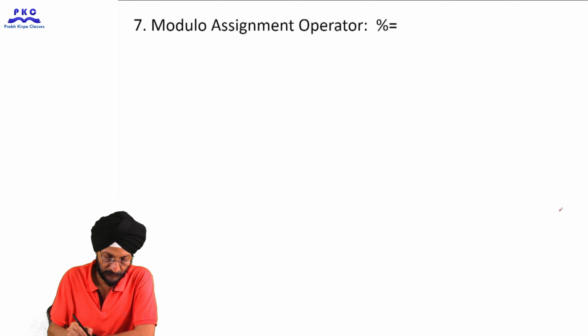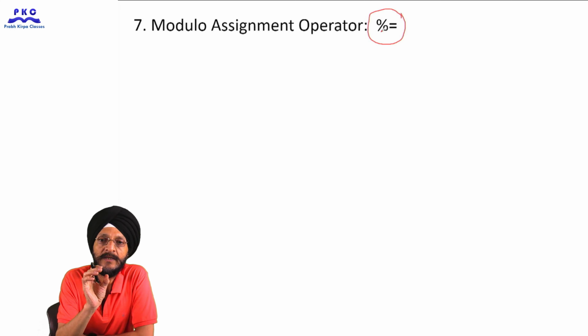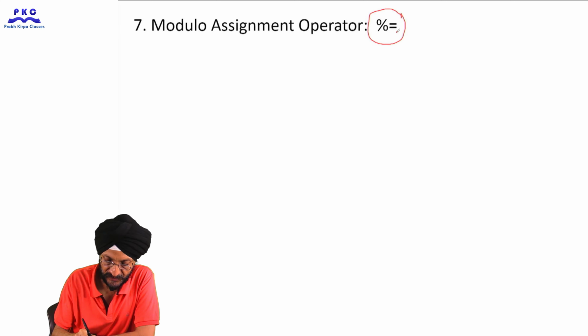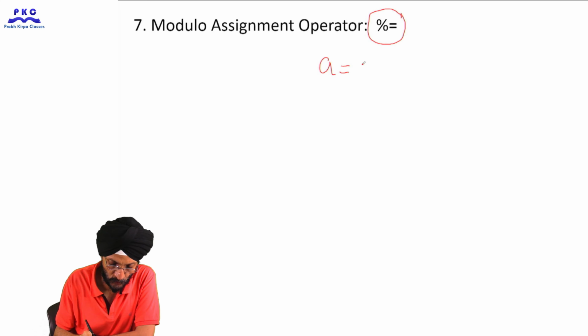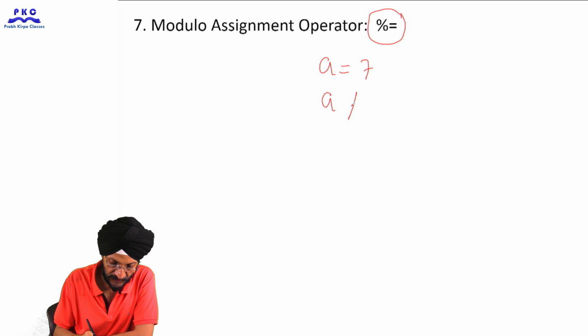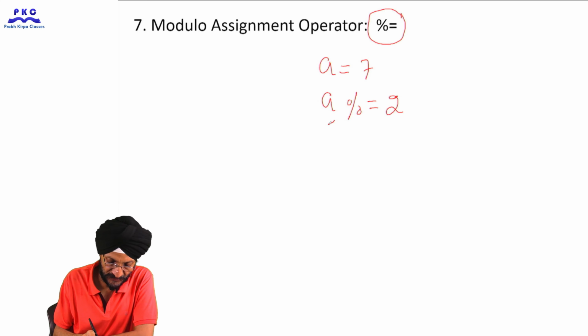Now modulo assignment operator. This is just like a percentage symbol which is there on the keyboard and then equal to. Here suppose A is equal to 7. Now A modulo is equal to 2. A is the variable.